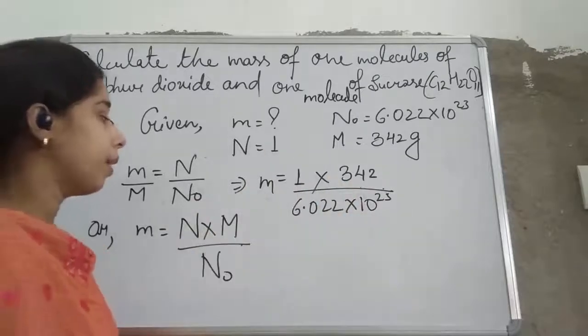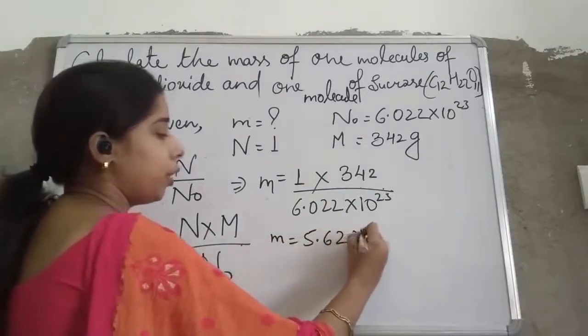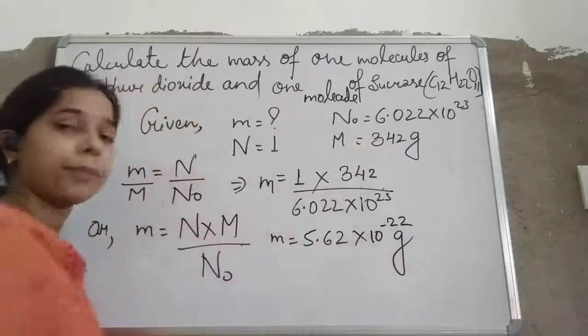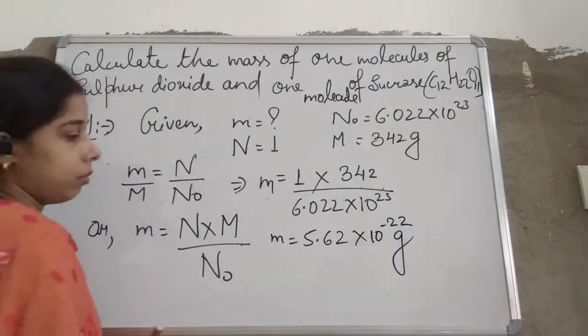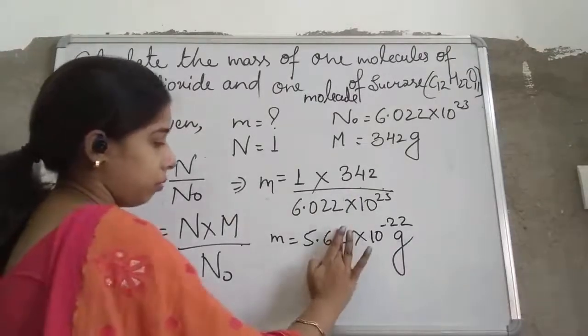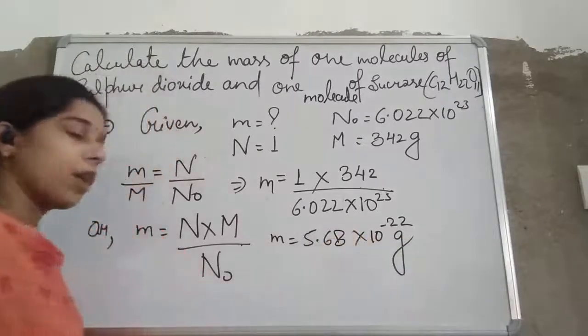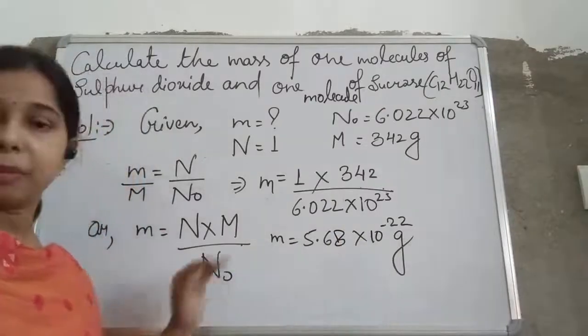When you solve it, you will get 5.68 into 10 the power minus 22 gram. Okay, so 5.68 into 10 the power minus 22 gram will be the answer.